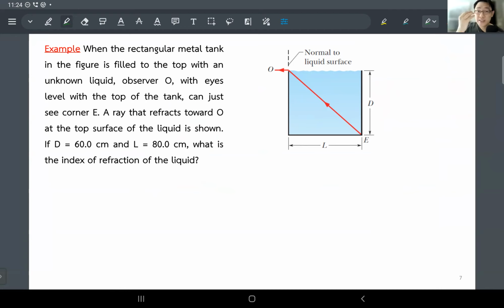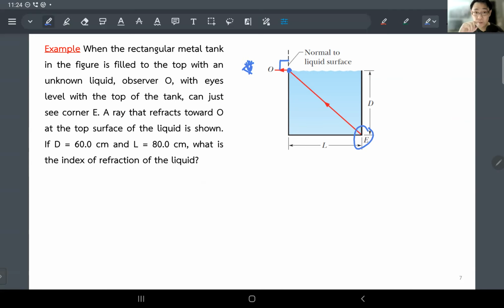So your eyes don't care where the light actually comes from. Once it hits the eyes, your brain will interpret that it's just in front of you. So over here, the image of the corner of the tank gets refracted at the surface of the liquid over here, and it just bends 90 degrees, and hits your eyes, which are just level with this surface right there.